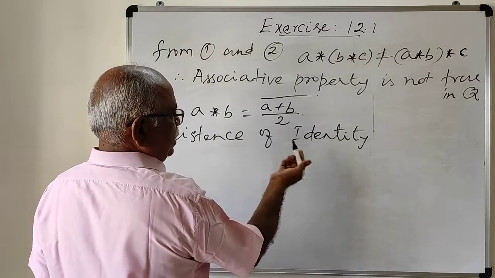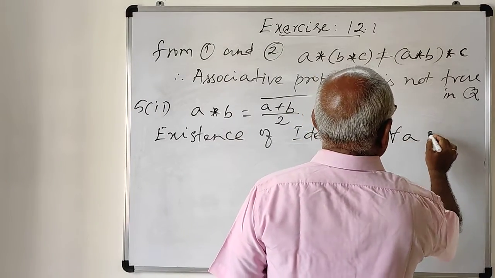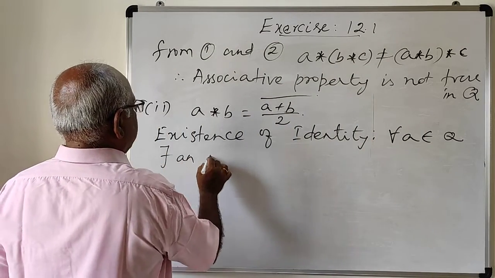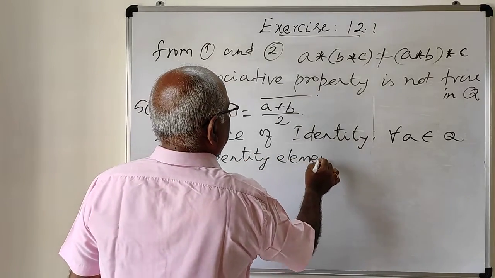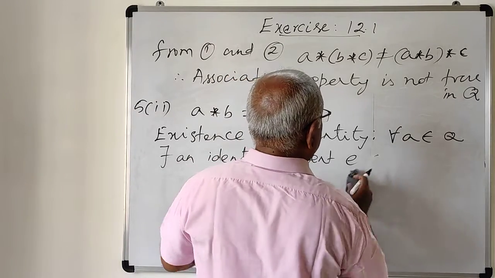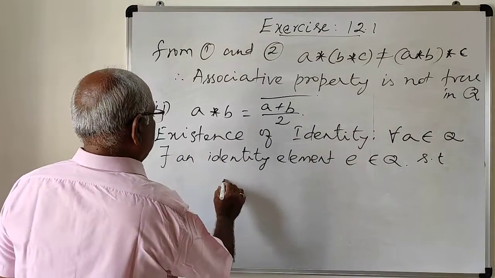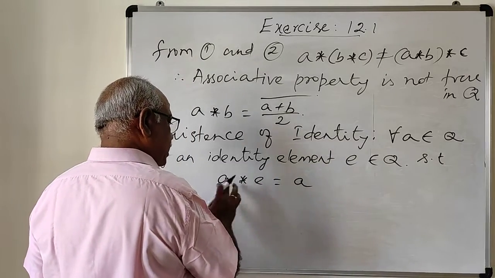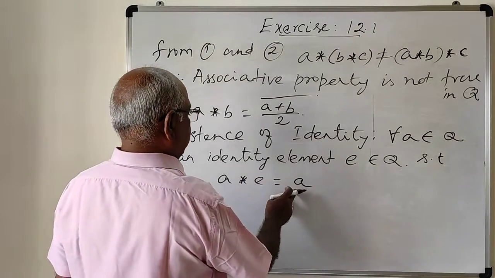Suppose for every element a belonging to Q, there exists an identity element e belonging to Q such that a star e equal to a, because a is any element and e is the identity.